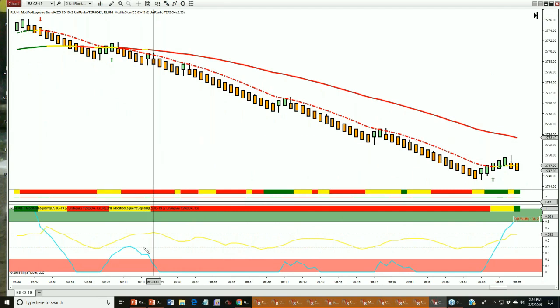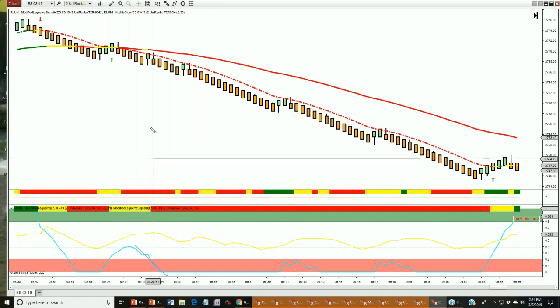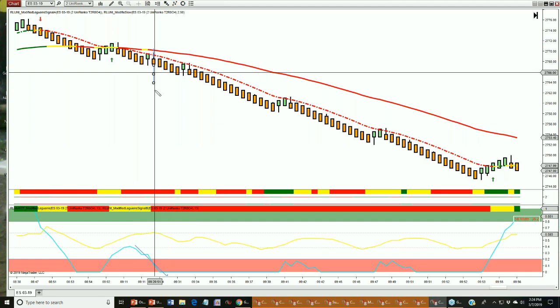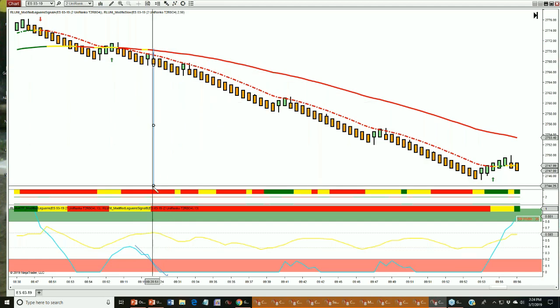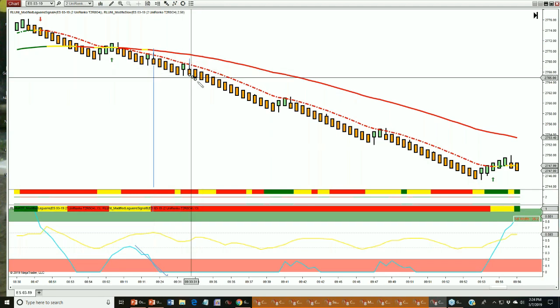And look at this. Now sometimes you just have to look at the slope of the gear. But if you just want to look at a lockdown gear, right here. Pull back, continuation. Order flow is red, gear is red. Right here. Pull back, continuation.